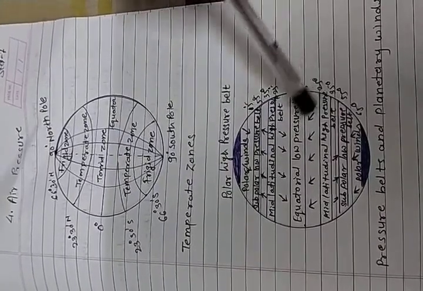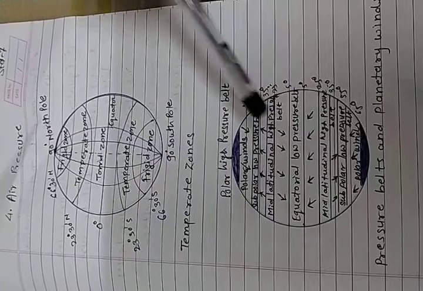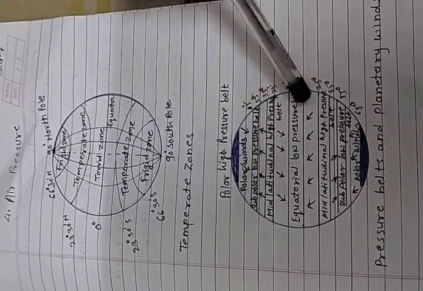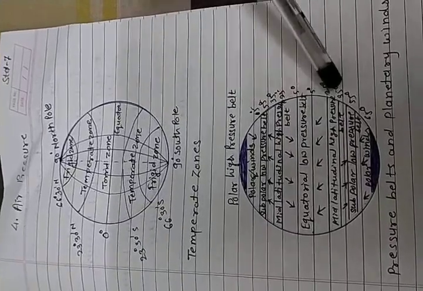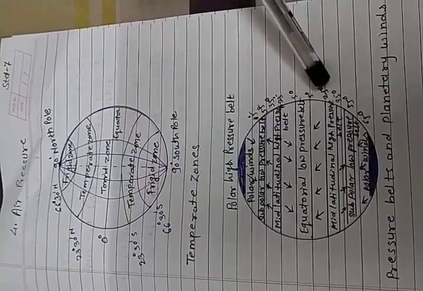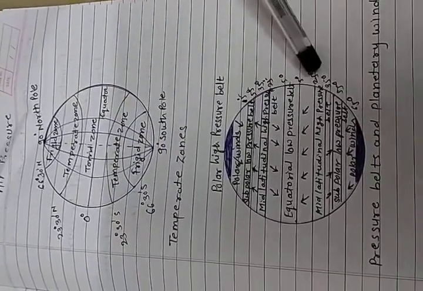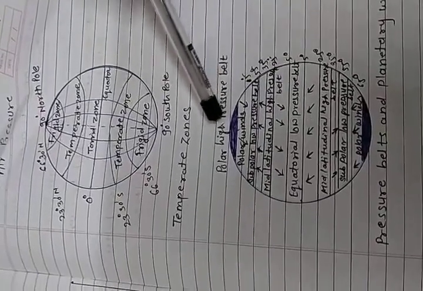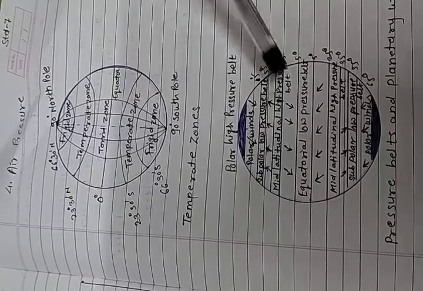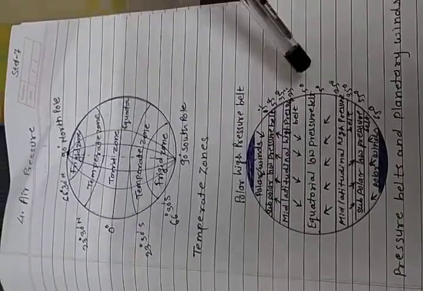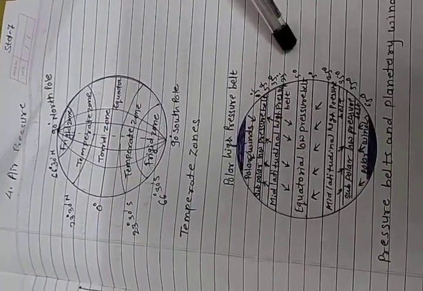Here you will see the direction of the winds opposite of easterlies, that we call the westerlies. Then subpolar regions, then polar winds. 90 degree, 80 degree, 65 degree, like that. Still here it will reach toward the 5 degree south and north. This is the equatorial area. It is always constant. Okay.